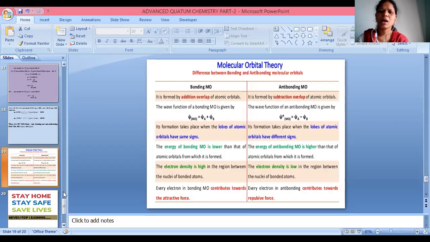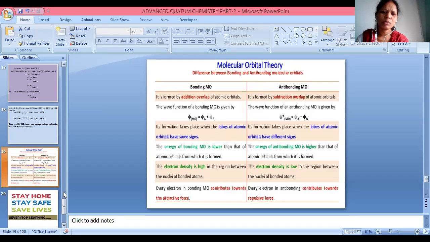Bonding molecular orbital is formed due to addition overlap of atomic orbitals, and is given by psi A plus psi B. Whereas anti-bonding molecular orbital is formed due to subtraction or destructive overlap of atomic orbitals, and is given by psi A minus psi B.